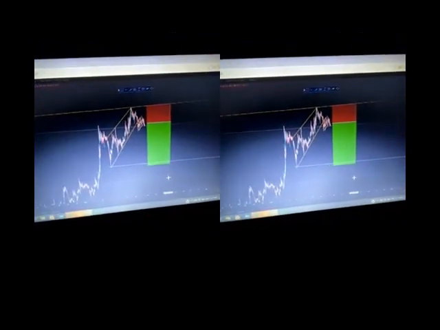Market structure only, no support, no resistance, no whatever. It's just pure skill. So this is how it is, guys. Can't say a lot on it. It's XBT USD, guys.